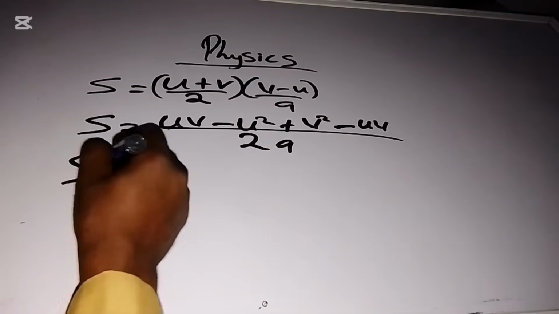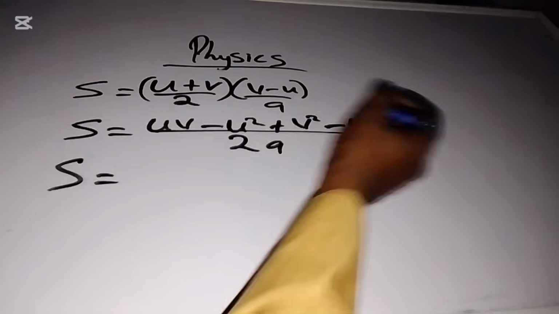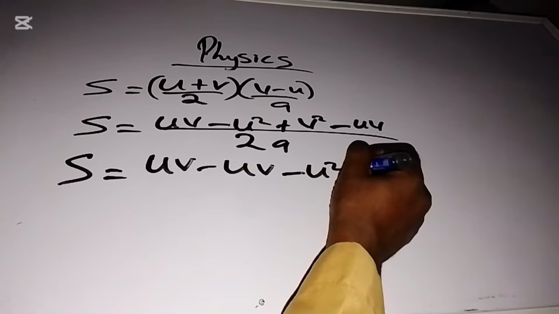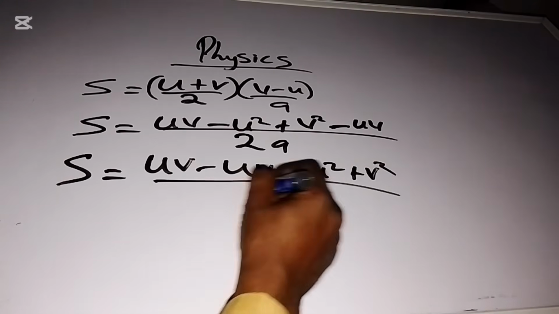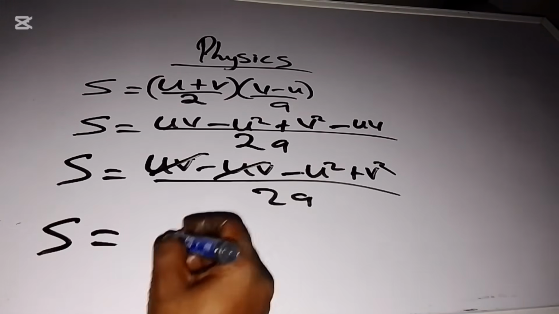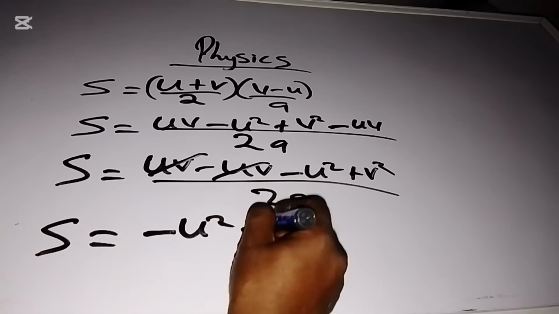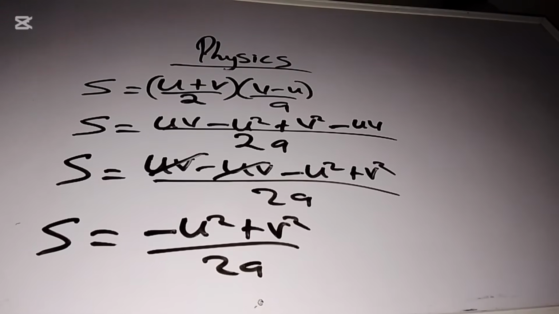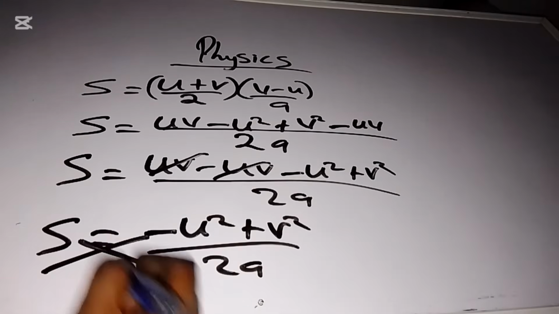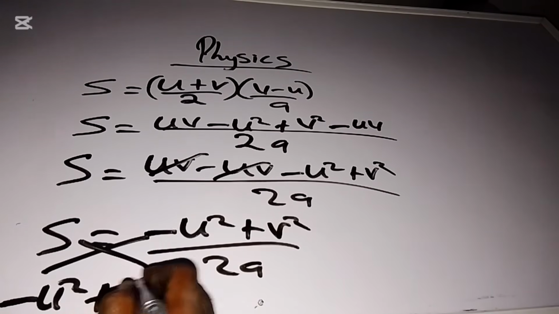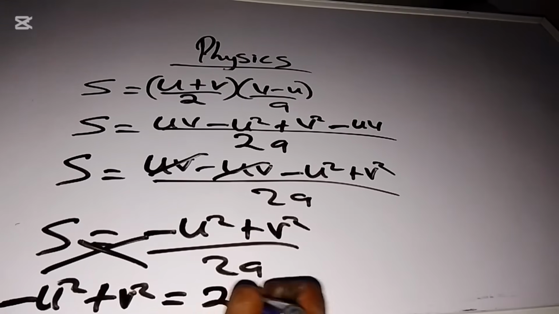If you rearrange this, putting uv and uv together, you have uv minus uv, minus u squared plus v squared, all over 2a. So uv minus uv is 0, and you are left with s equal to minus u squared plus v squared over 2a. If I cross multiply as usual, I'll get minus u squared plus v squared equal to 2as.